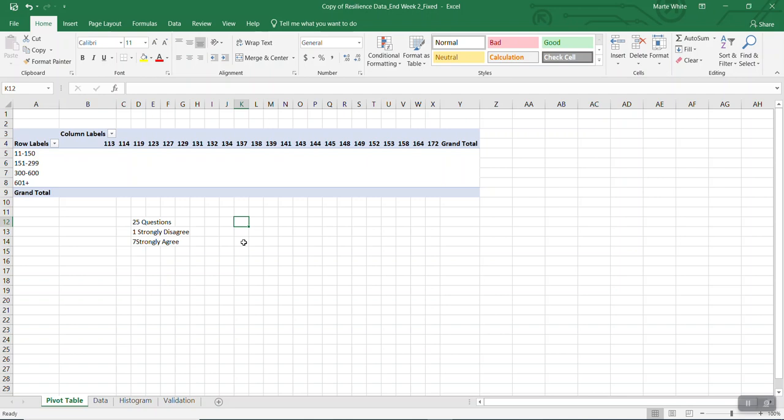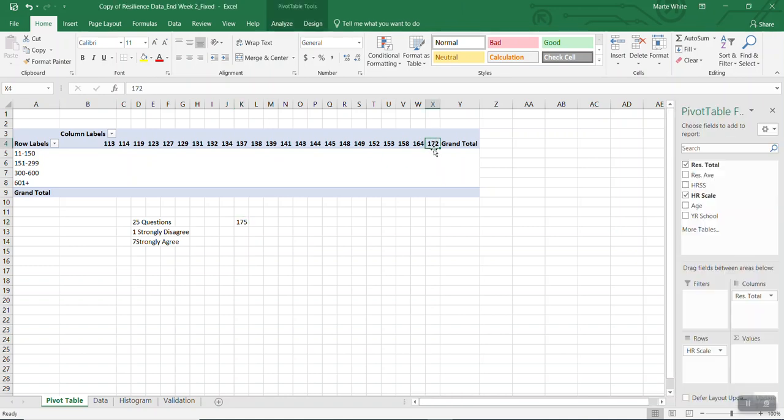But let's do equals 25. So let's say somebody answered 7, strongly agree, on all. So 25 times 7, enter. So somebody who answered strongly agree to all the questions on the resiliency scale would have a score of 175.